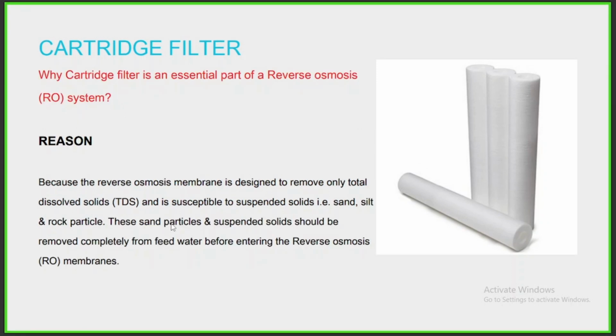A cartridge filter is an essential part of a reverse osmosis system because the reverse osmosis system is designed to remove only the dissolved solid and is susceptible to suspended solids such as sand, silt and rock particles. These sand particles and suspended solids should be removed completely from feed water before entering the reverse osmosis membranes.